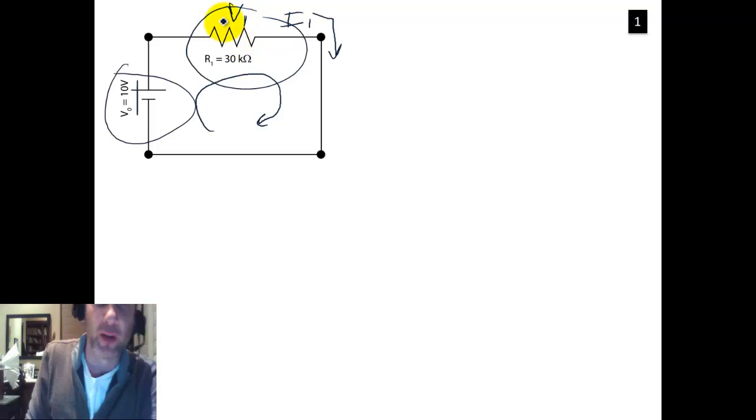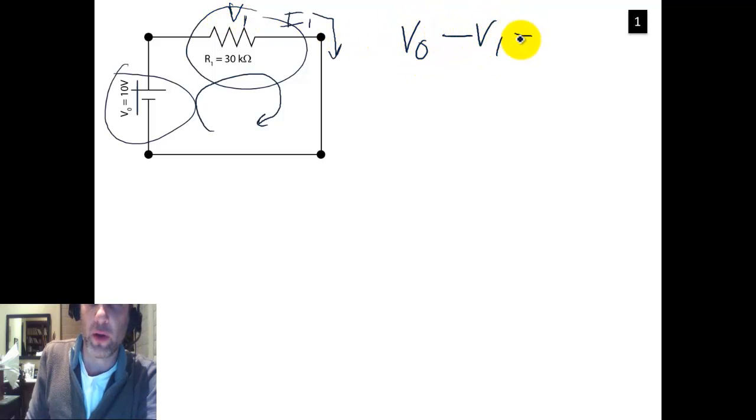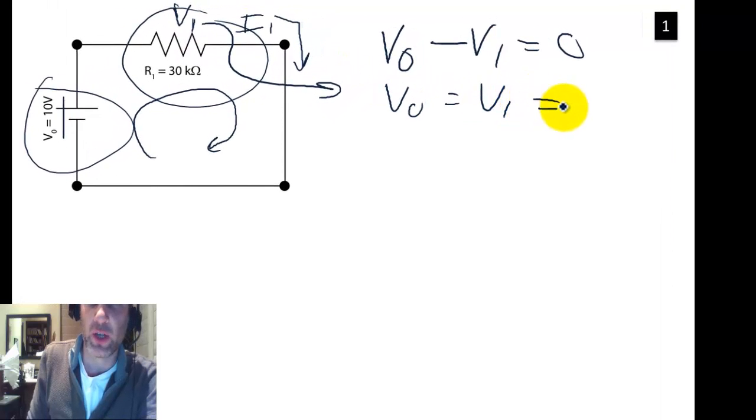I say minus, whereas Kirchhoff's law is a summation, because this is voltage drop, so that's really negative. So V0 minus V1 has to equal 0. With that, we can easily tell that V0 must equal V1. So this voltage here is equal to V0, which equals 10 volts.